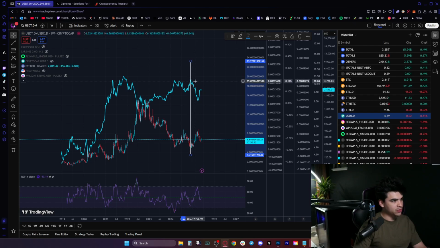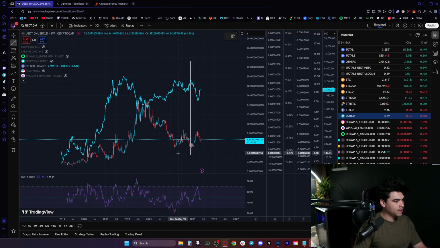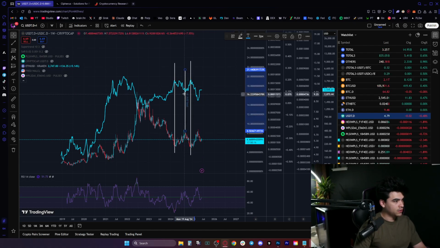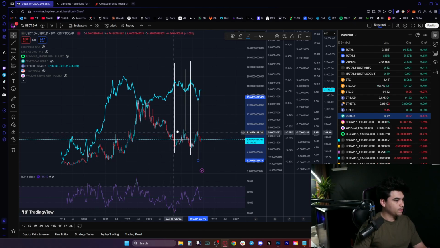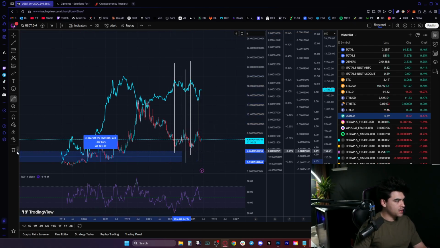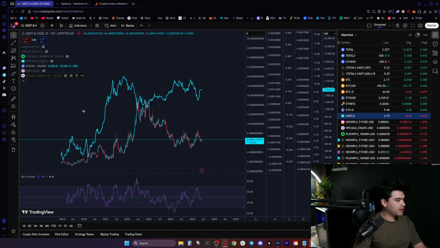A low on stables corresponds to a high on crypto, on ETH. This low corresponded to that high, and so on, right? It's double bottom, double top. And even with these, right? Even with this high right here, corresponding to that low, and you get the idea, right? So that trend line is our obvious first candidate.